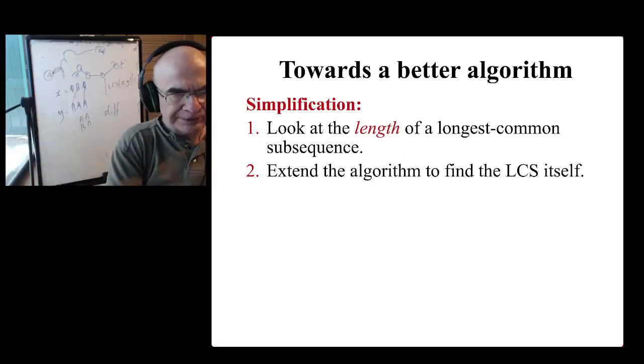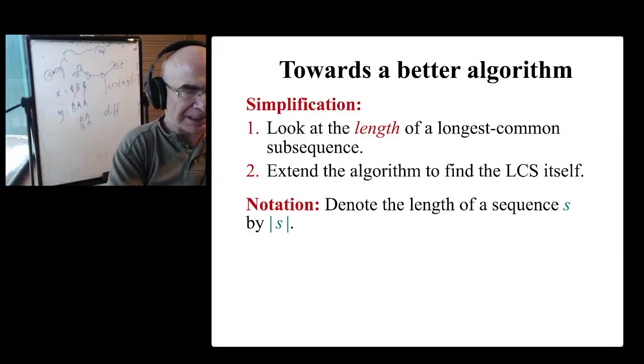So from now on, I'll talk about the length of the LCS. And once I know this number, we'll see how it helps me figure out what the characters that form the LCS are.